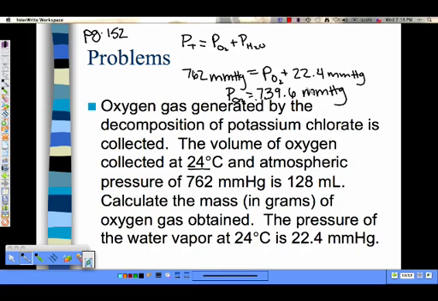Now we're going to go backwards from what we did. We're going to use that as the pressure in our molar mass equation, so we have M equals mRT over PV. I'm going to erase this part so I have more room.